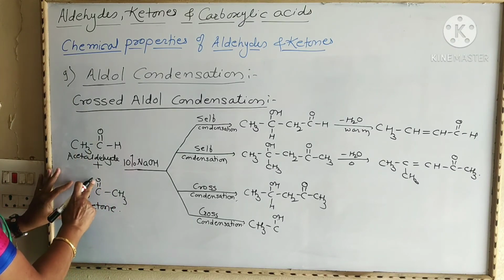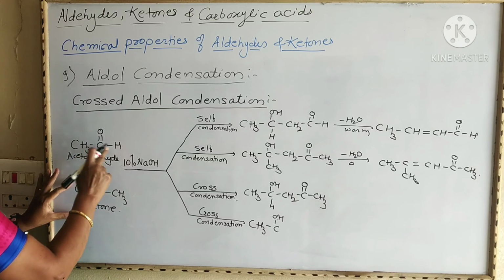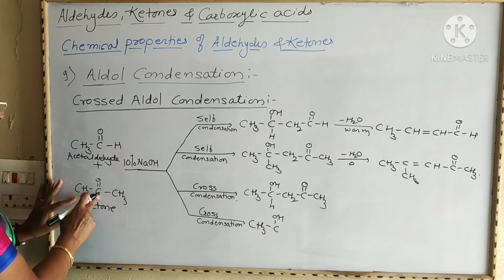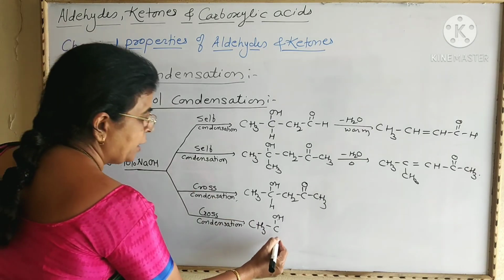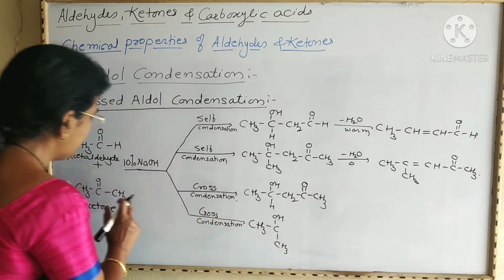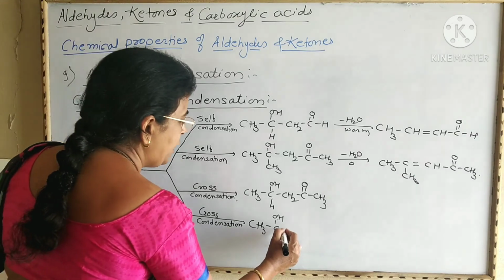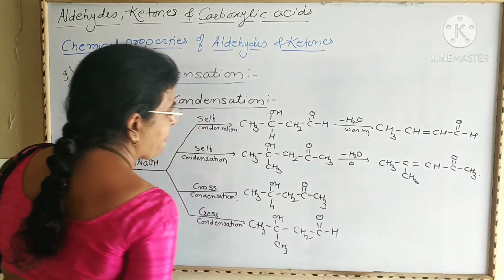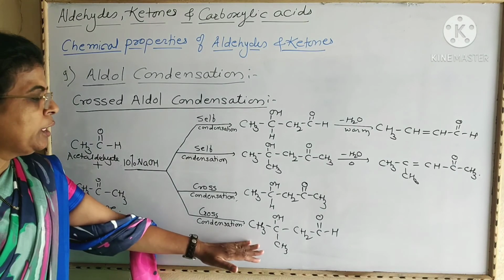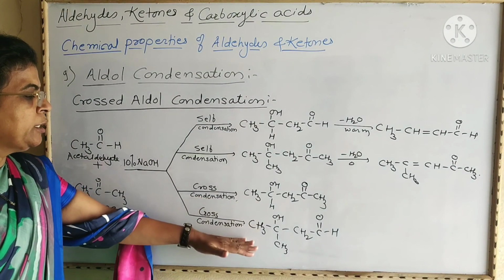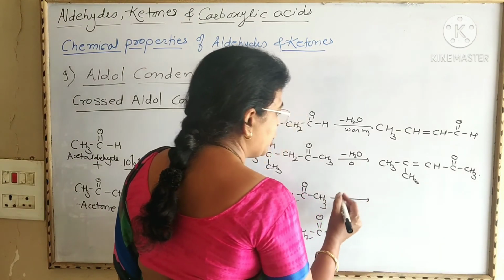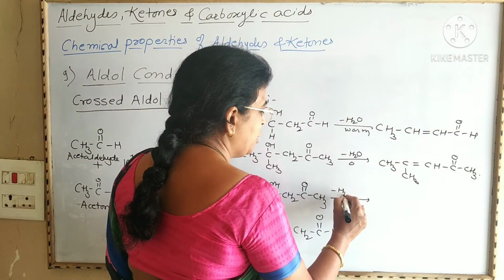A hydrogen atom goes to the oxygen atom, and the CH2CHO group gets attached to the carbonyl carbon. Then we get CH3C(CH3)(OH)CH2CHO. These two cross condensation products are formed.